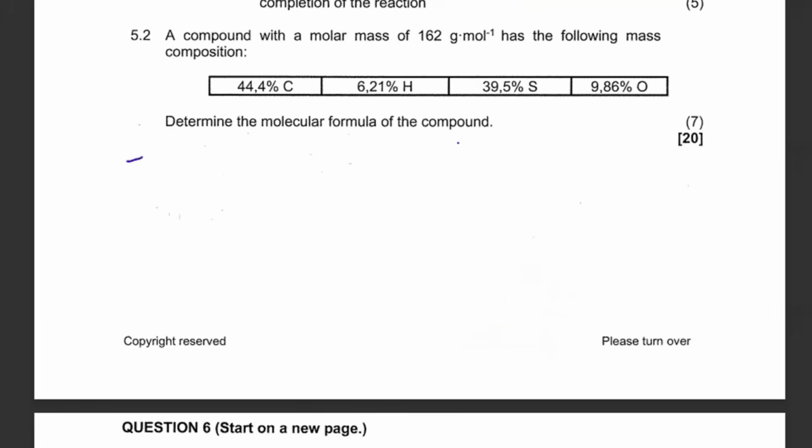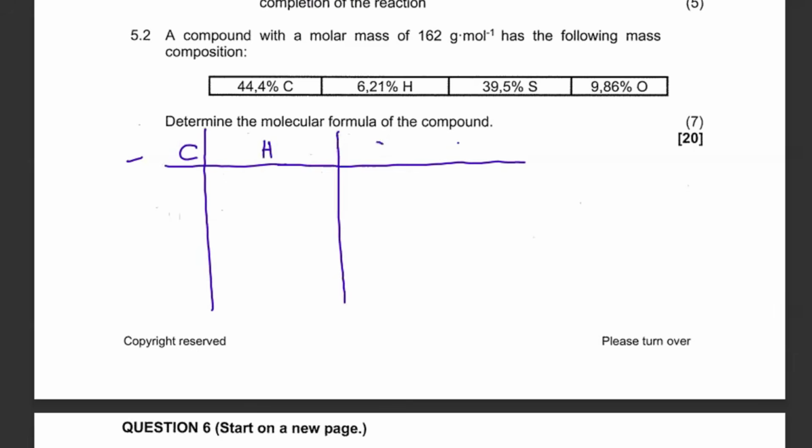We're going to formulate a table, similar to what they drew here. They started with carbon, so we draw a table like that. Then carbon, hydrogen, sulfur, and the last one is oxygen.